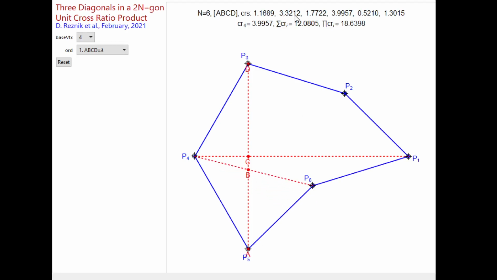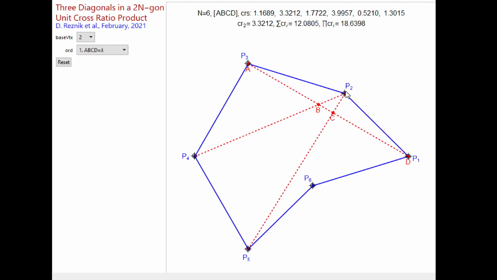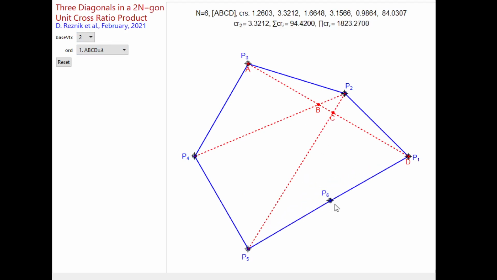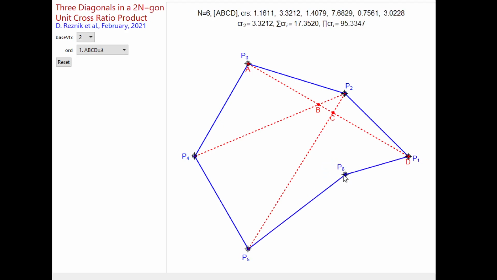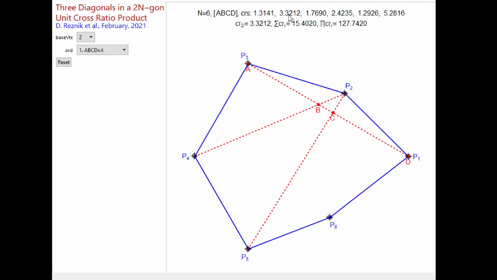It's here at 3.32. If I go to the second vertex, there it is. It doesn't matter that I'm no longer in a regular hexagon configuration, motions of P6 do not affect the 3 diagonals defined with respect to P2. So I get 3.32 constant.